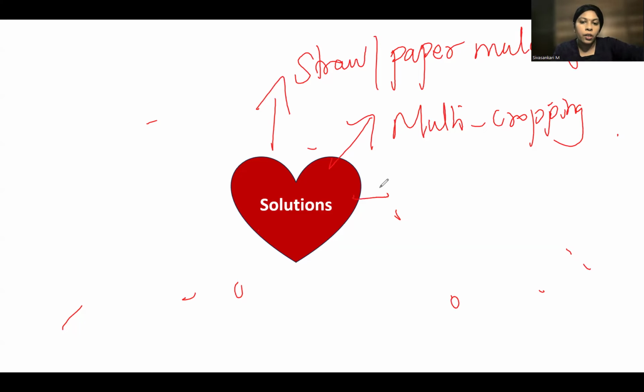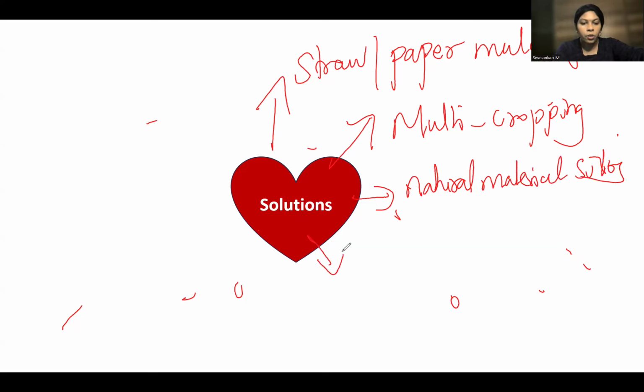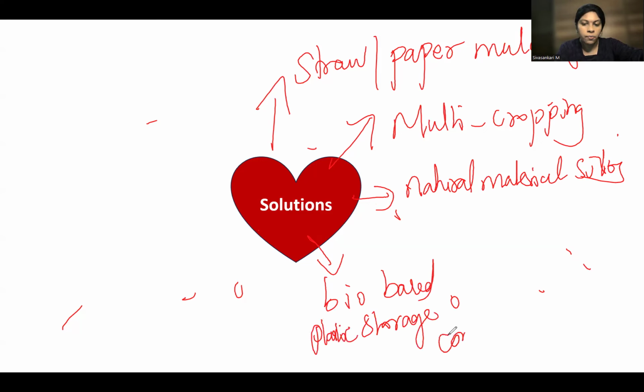Then you can also go for silos made from natural material, storage containers made from natural material. Or you can also prefer bio-based plastic storage containers so that they can be decomposed easily.